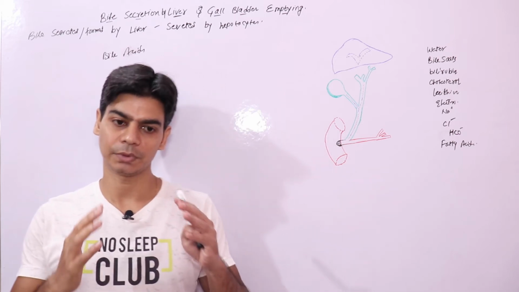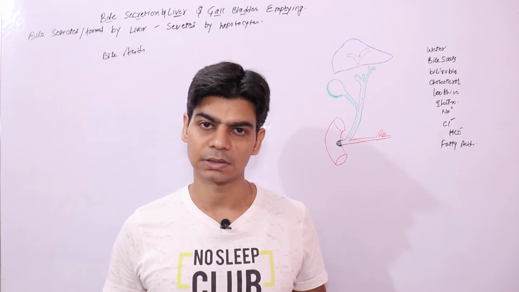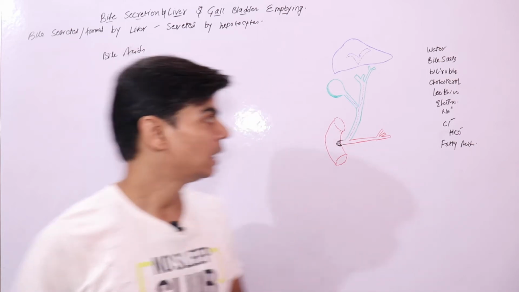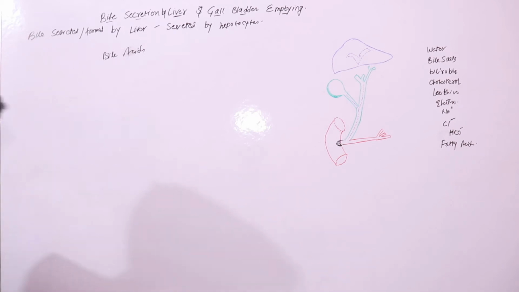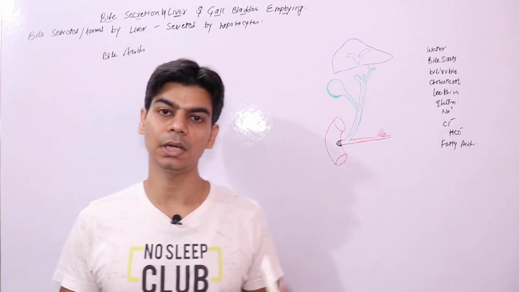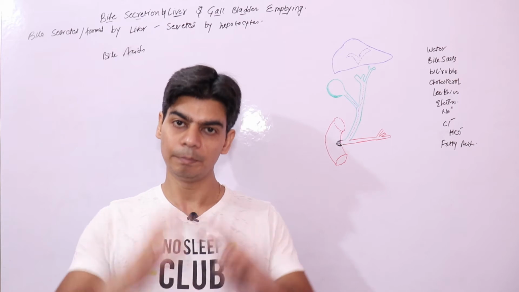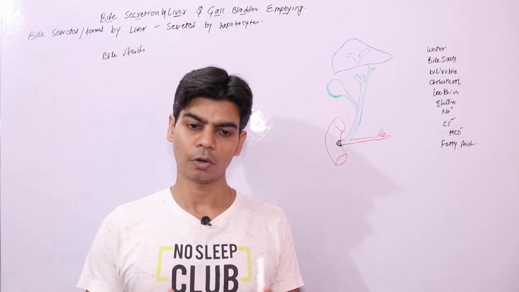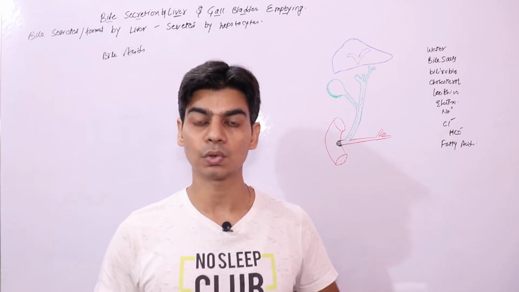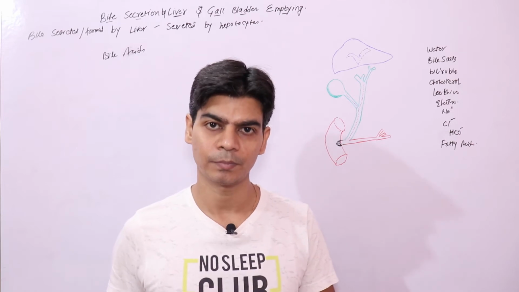We know that digested fat products are monoglycerides and fatty acids. Its main function is that it helps in the emulsification of fats. Emulsification of fats is when bigger fat particles or fat globules are broken down into smaller fat particles so that they can be acted upon by the enzyme lipases.